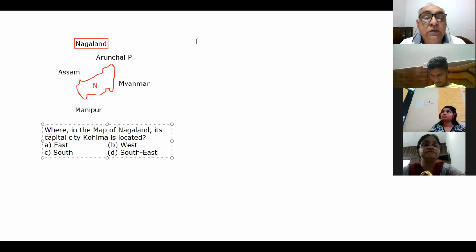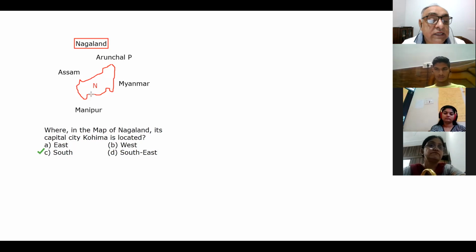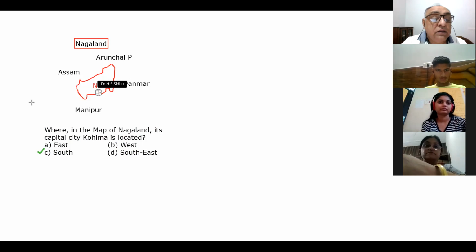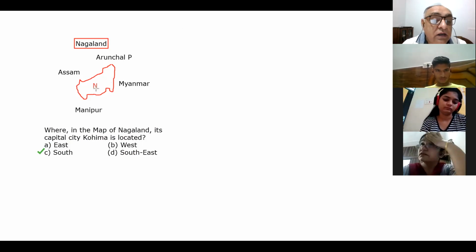So the answer to this question is south. As far as the capital is concerned, Kohima is located almost here, a little upwards.